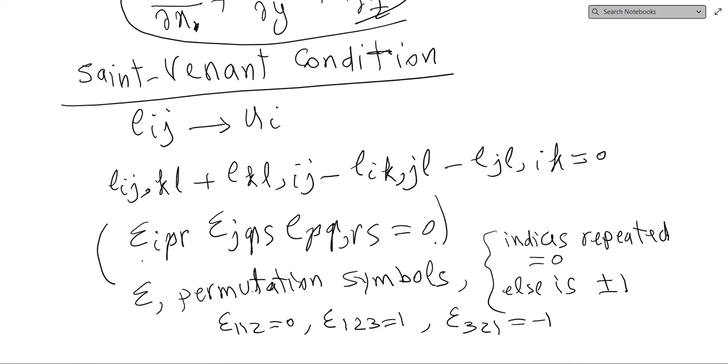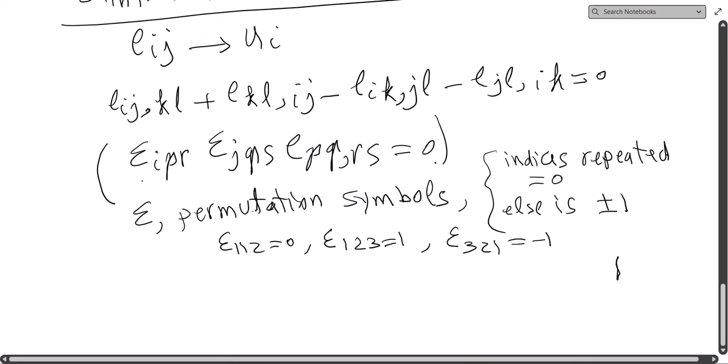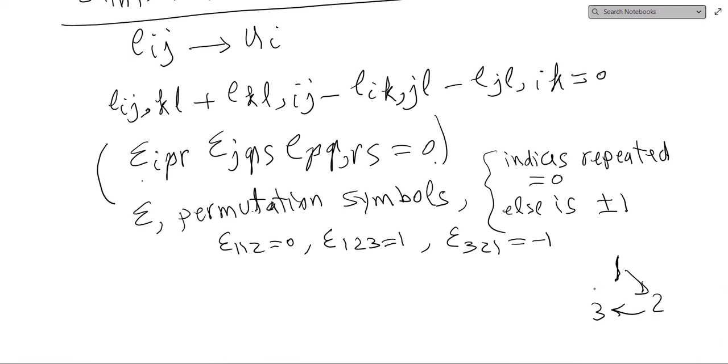And the rule to do this is, if you draw 1, 2, 3 in this direction, the clockwise direction gives you +1 if your indices are this, and counterclockwise gives you -1. So you see here 3,2,1 gives you -1.